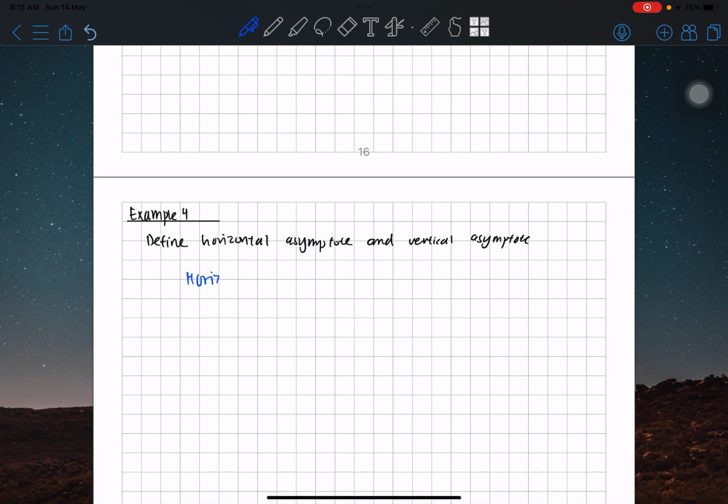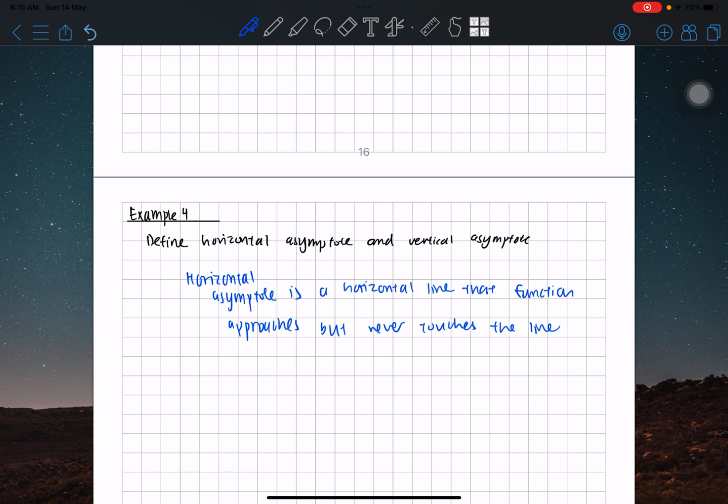A horizontal asymptote is a horizontal line, y equals c, that a function approaches but never touches. And a vertical asymptote is a vertical line that a function approaches but never touches too.